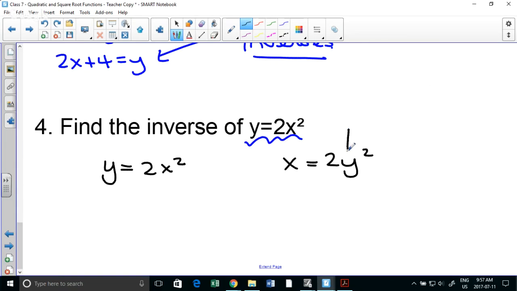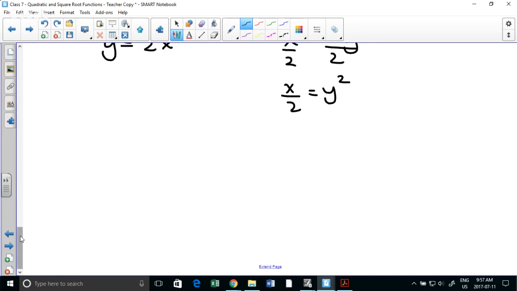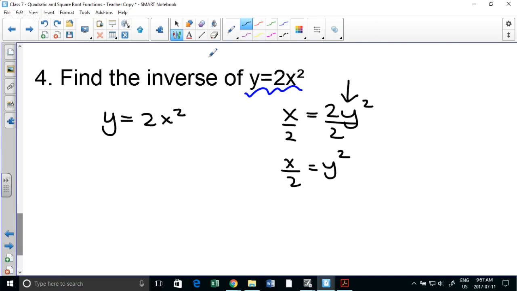Now I need to isolate the y. So the first thing I'm going to do is divide by 2. And then I'm going to square root. So this here becomes just a y, and this stays as the root of x divided by 2.